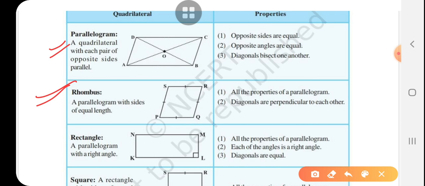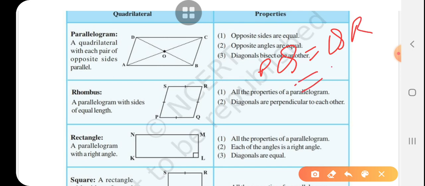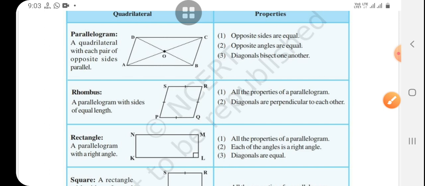Look here, side PQ is equal to side QR is equal to side RS is equal to side PS. It means all the sides are equal.